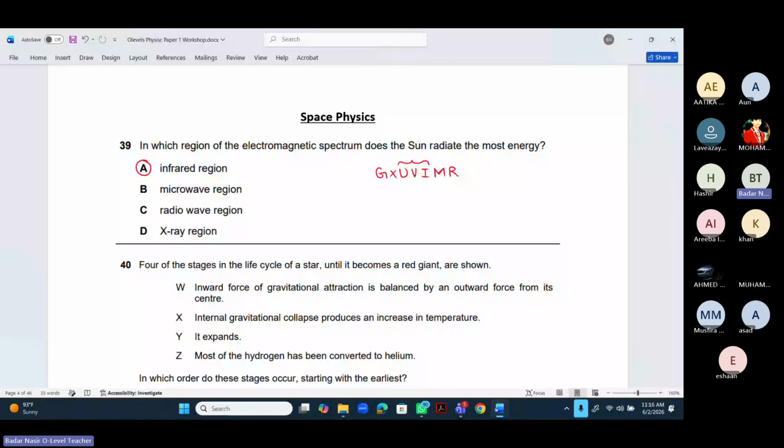So the first stage is internal gravitational collapse produces an increase in temperature. फिर उसके बाद हमारे पास आ जाती है force of gravity becomes equal to the outward force. Most of the hydrogen has converted into helium and then हमारे पास जो है star जो है it expands. So the correct sequence हमारे पास पहले X, फिर W, then C, and then we have Y.